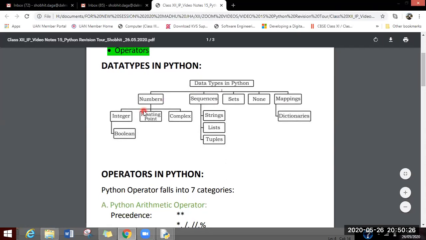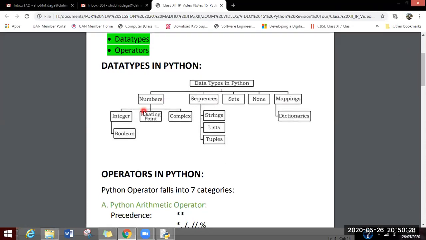The data types that we need to study are basically divided into three parts: numbers, sequences, and mappings. Numbers have three data types, in which integer has another data type, boolean, as its subtype.